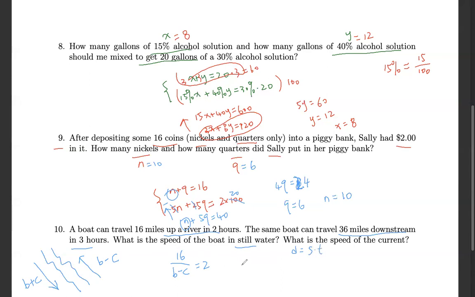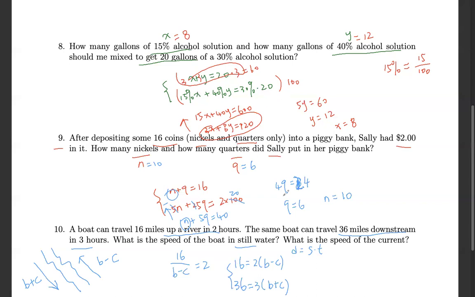We can write this equation as 16 equals 2 times the speed, b minus c, right? And then going downstream, that's 36 miles equals time 3 times the speed, b plus the current c. So we have made a system of 2 equations.